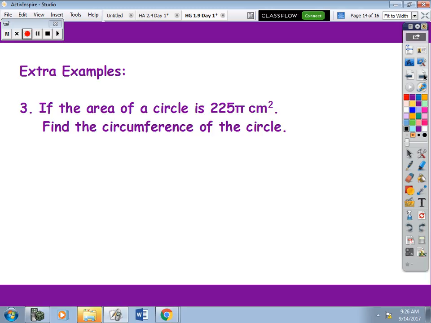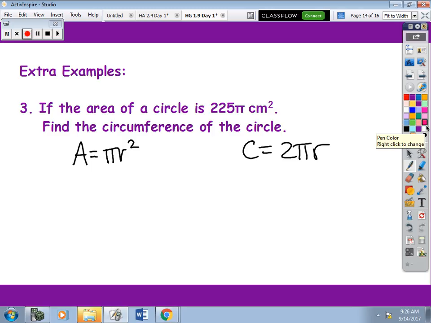That'll help you. Leave this one in terms of pi.